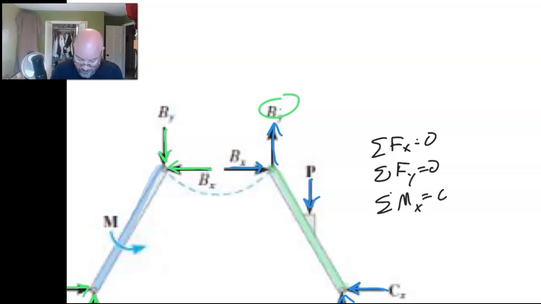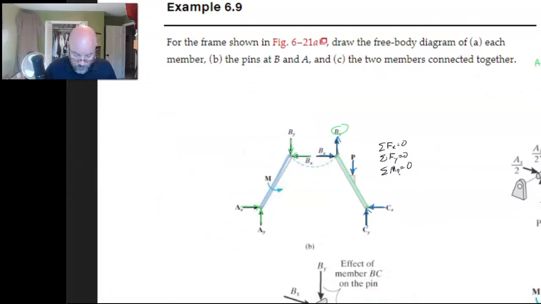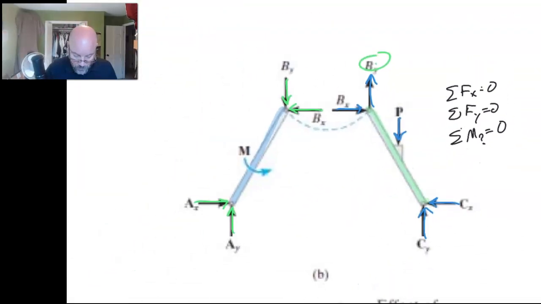Let's call it Mx. I'm going to pick a moment. Let's call it mystery. It's a mystery point. But anyway, it's going to be 0 when I put it in there like that. All right, so there we go.